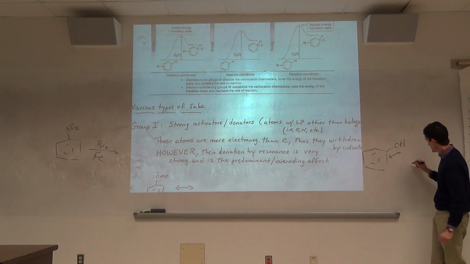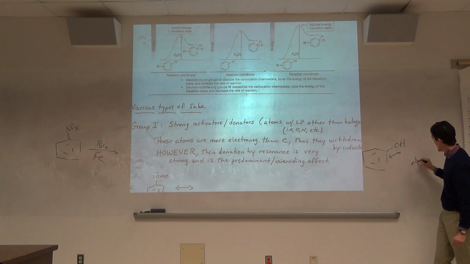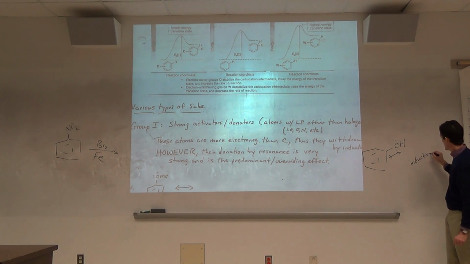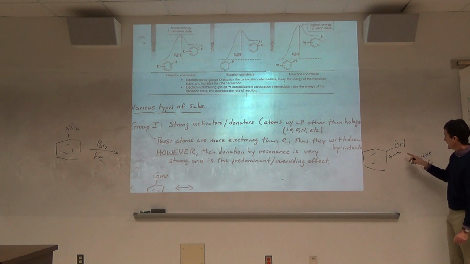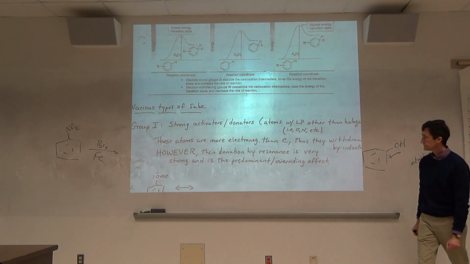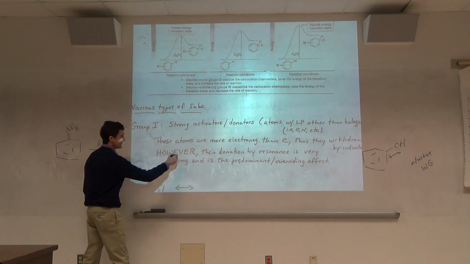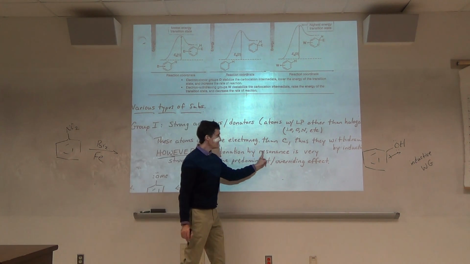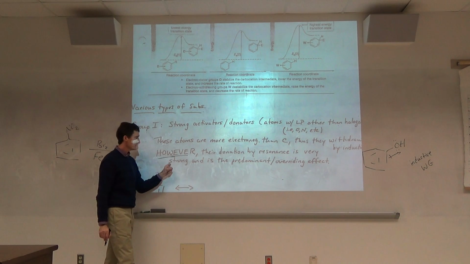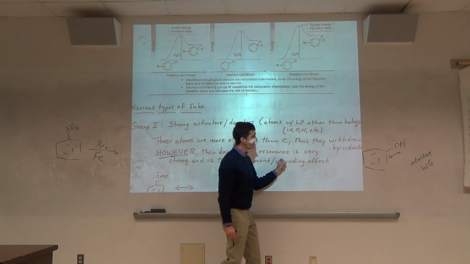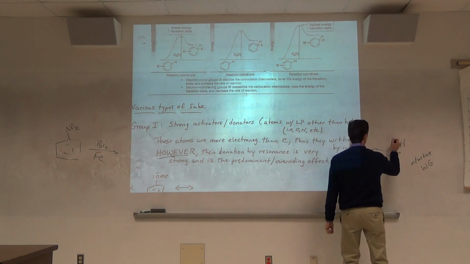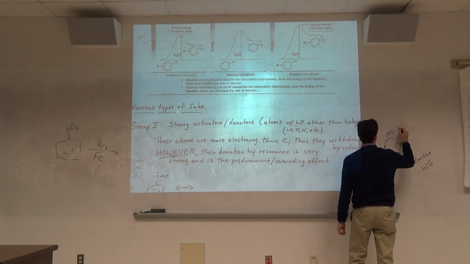So it's an inductive withdrawal group. That's what we say here. However, they donate by resonance. And the resonance donation is strong and it's the predominant, overriding effect. These donate by resonance.